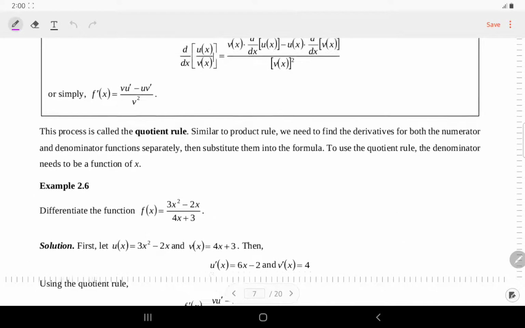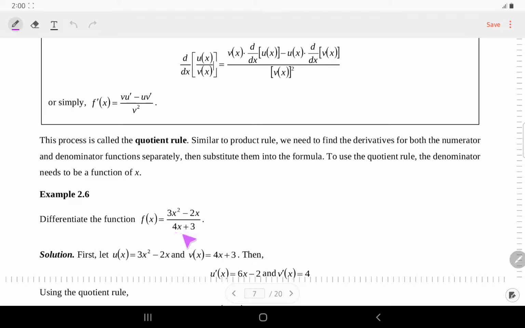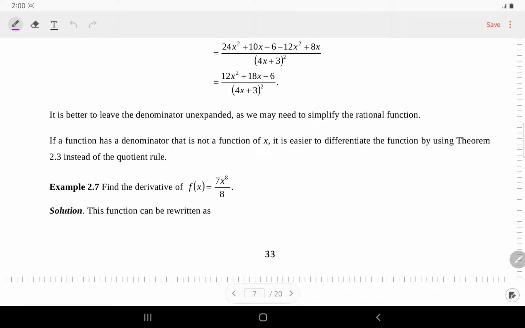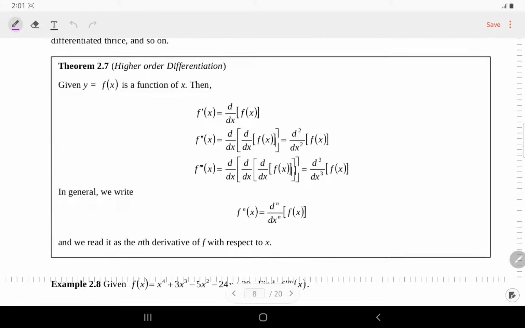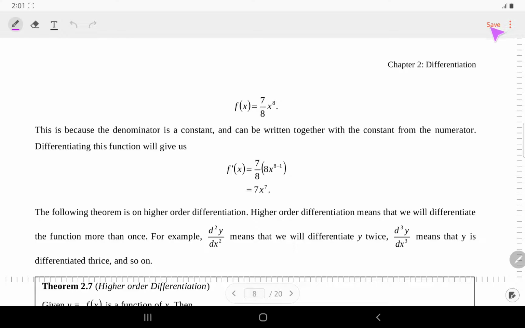In the previous example, the denominator, the lower part, had variable x. But for this example, the denominator has no variable x. So what do we do? If our denominator is constant, meaning we have no variable in the lower part of the fraction, yes, you can use the quotient rule, but the working solution will be a bit longer.